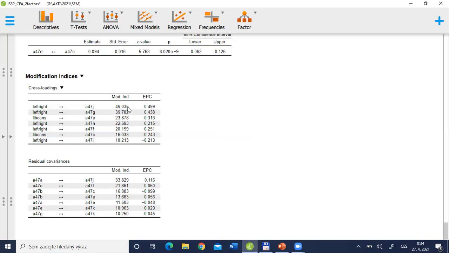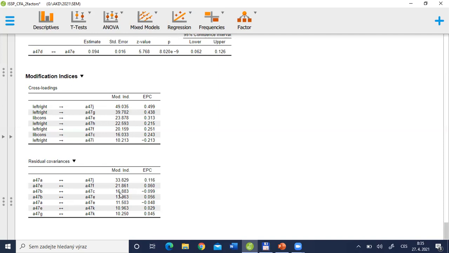It is not too much if the original value of chi-square is more than 400 points. So maybe this modification wouldn't improve my model enough to be good. So maybe these recommendations for modification indices currently are not the best ones.